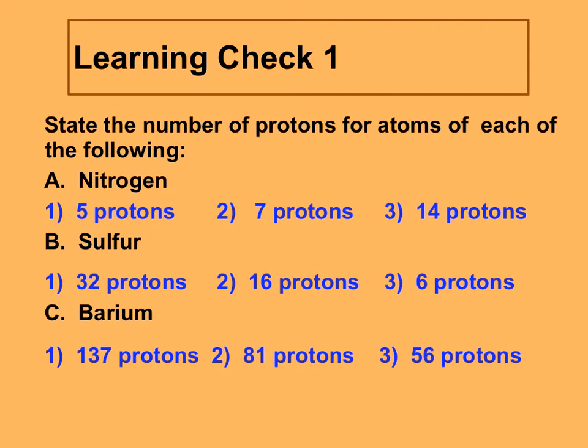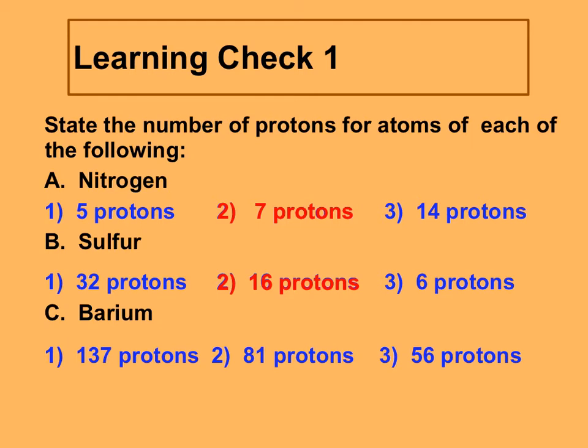So you can take a second here if you want to pause, and you can go and look at a periodic table, find nitrogen on the periodic table, and determine how many protons are in nitrogen. Or if you don't want to play this game, and you should, we're just going to go through. Nitrogen has atomic number 7, so 7 protons. Sulfur is atomic number 16, so 16 protons.